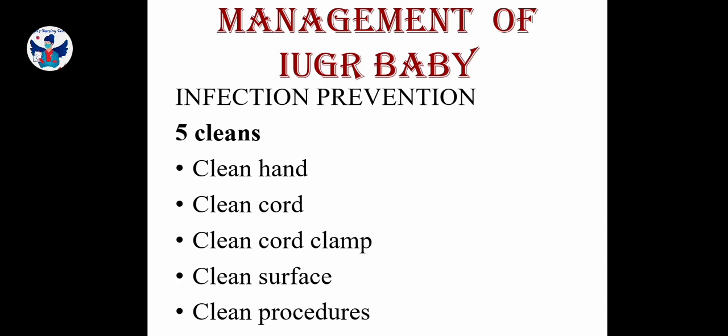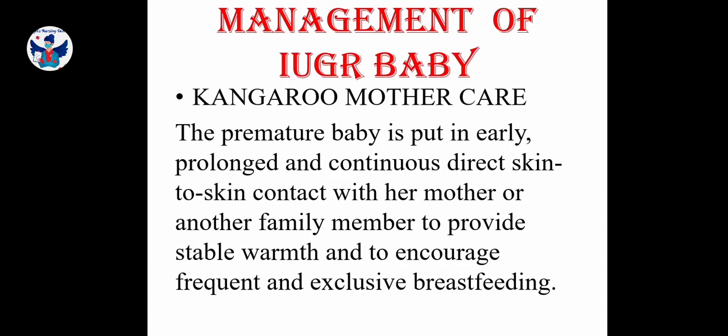Whatever procedure the nurse is doing, she should be very conscious about it. Next, KMC. The skin to skin contact with her mother or any of the family members we can initiate, and it will provide stable warmth and encourage frequent and exclusive breastfeeding.